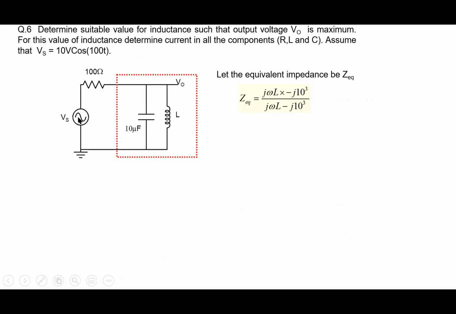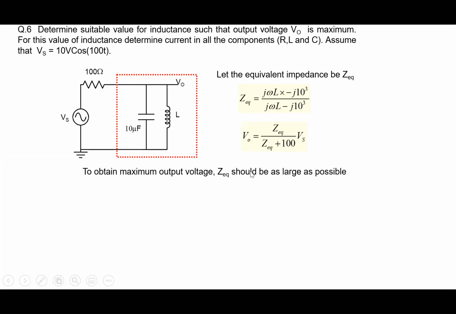And note that voltage is a division between this and this part here. So V0 is Z equivalent by Z equivalent plus 100 times Vs. And to obtain maximum output voltage, according to this expression, Z equivalent should be as high as possible. Then V0 will be practically equal to Vs.